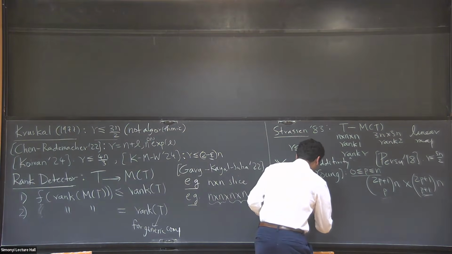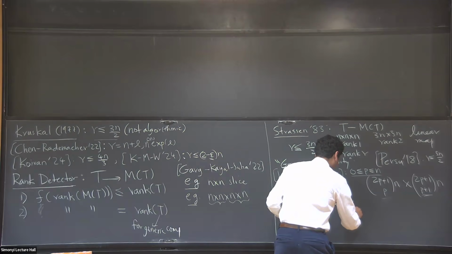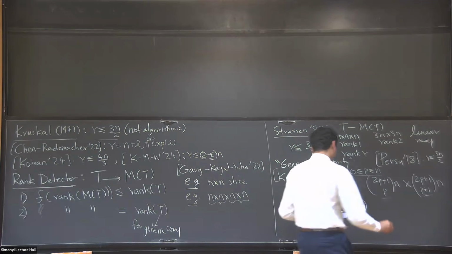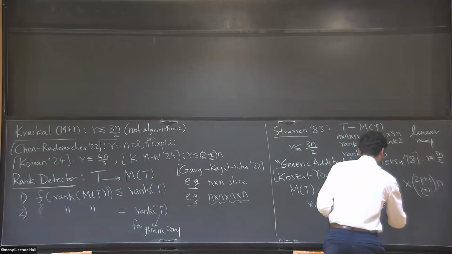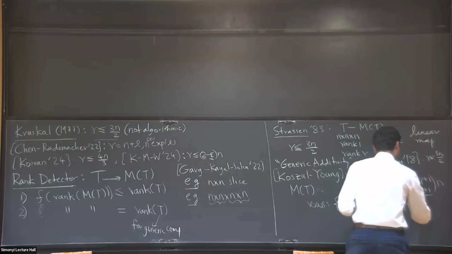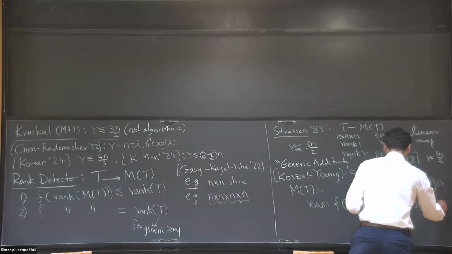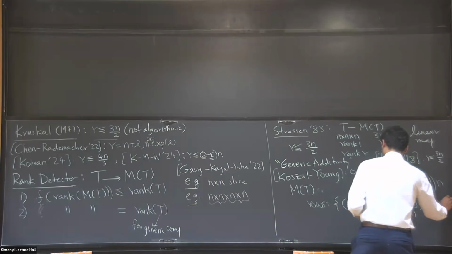So the rows of this matrix are going to be indexed by S comma J, for S a subset of 2p plus 1 of size exactly p, and J an index in n.